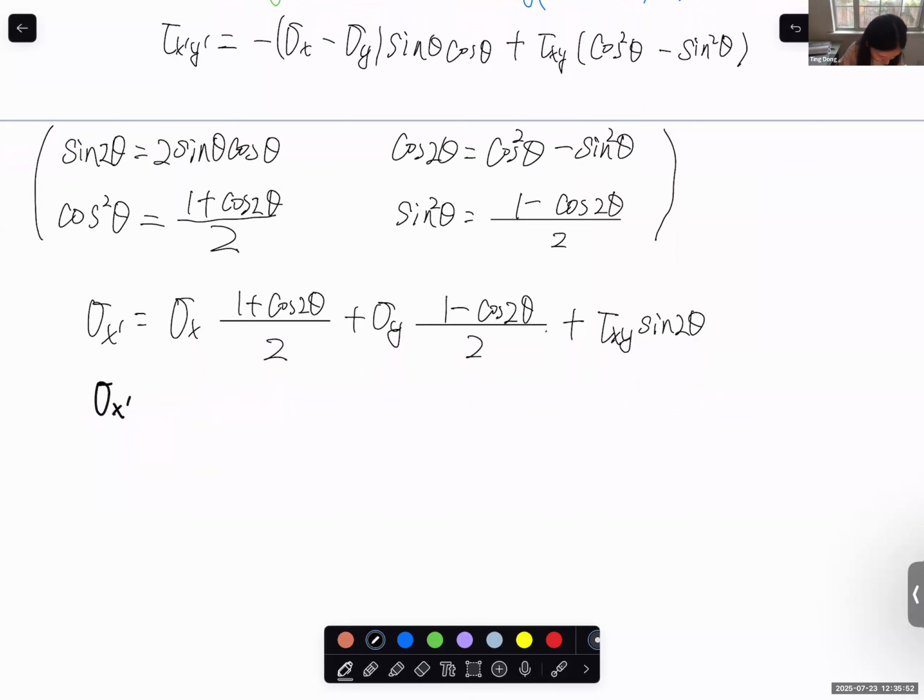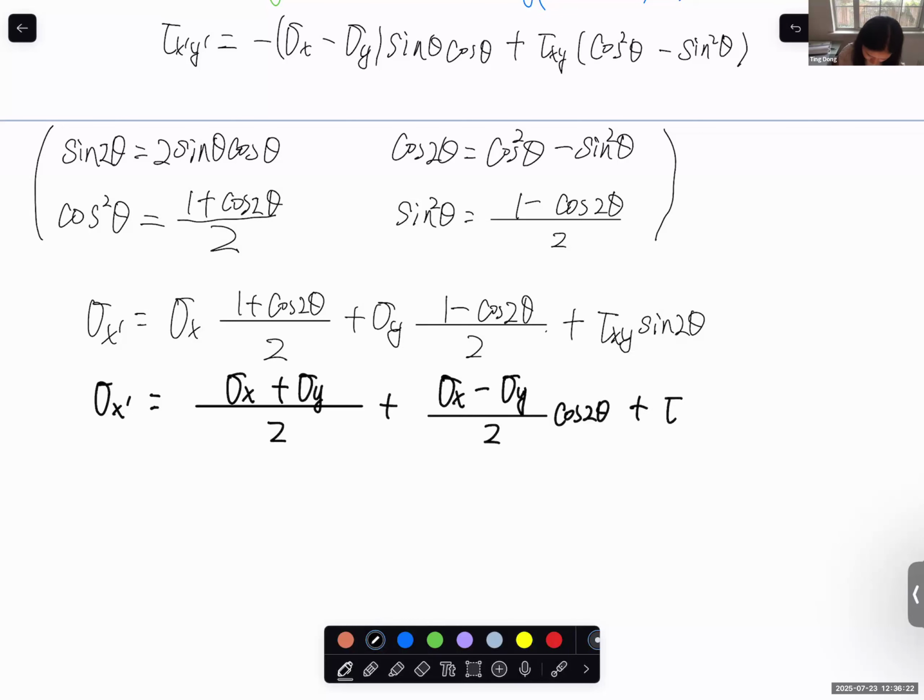Sigma x prime we could write as half of sigma x plus sigma y, plus half of sigma x minus sigma y times cosine 2 theta, plus tau xy sine 2 theta.